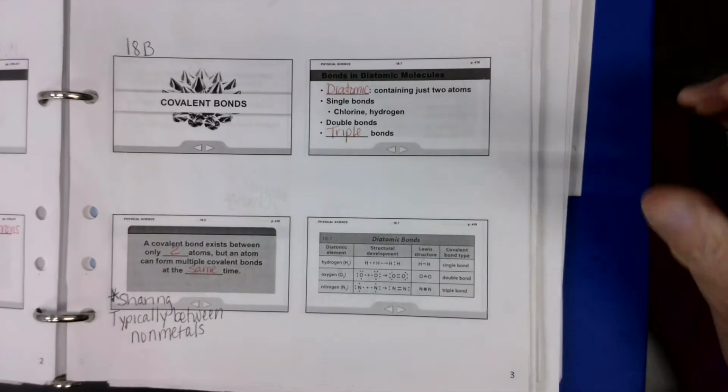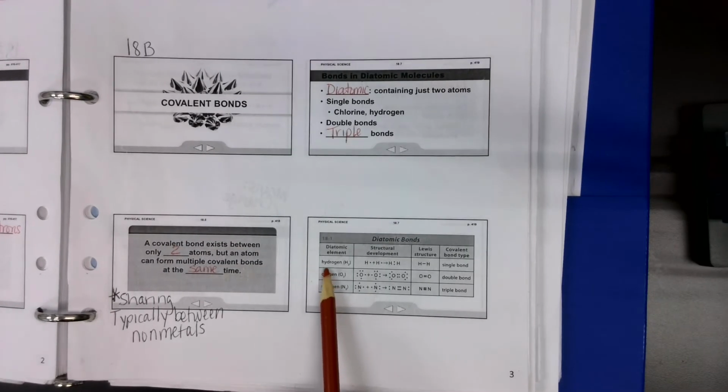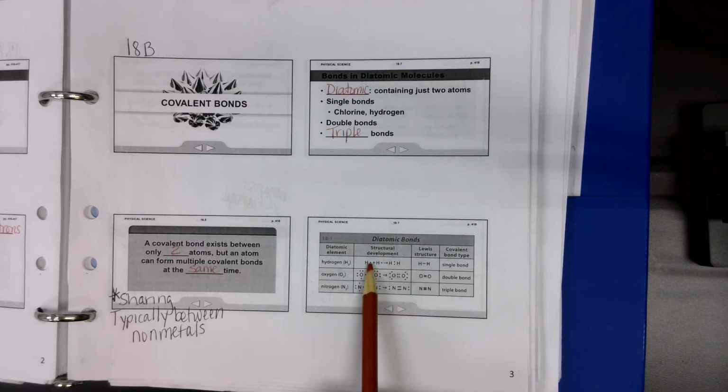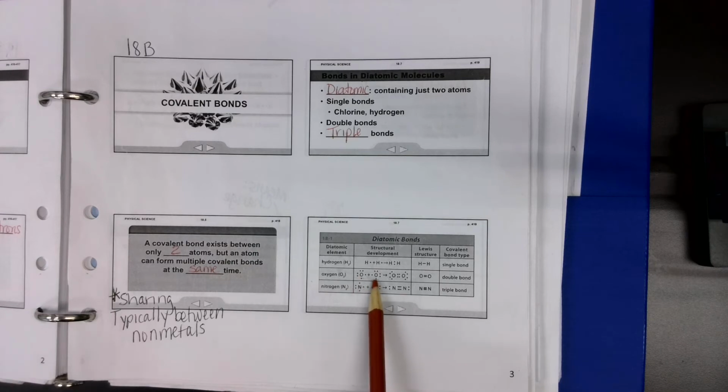So I want to kind of just focus on this diagram. It comes from your textbook. Hydrogen bonding to another hydrogen, sharing just 1 electron to give a single bond. Oxygen tends to find other oxygens, right?